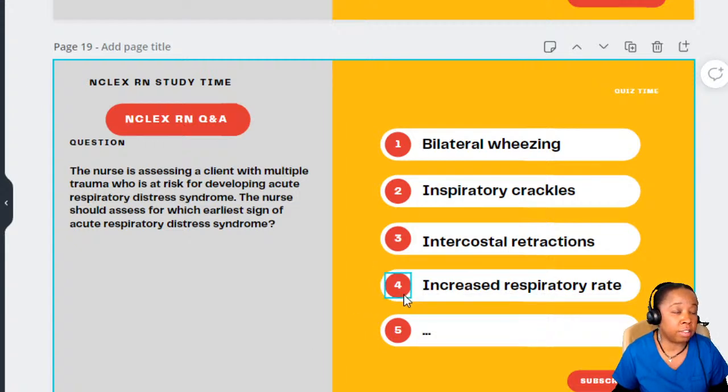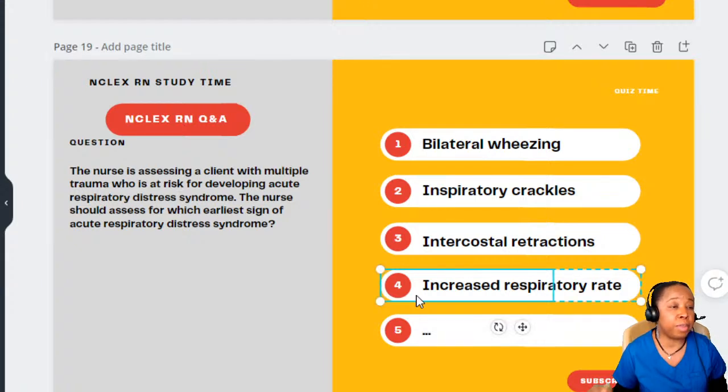The answer is increase in respiratory rate. Each time the patient is trying to breathe out, the respiration will be a little fast.